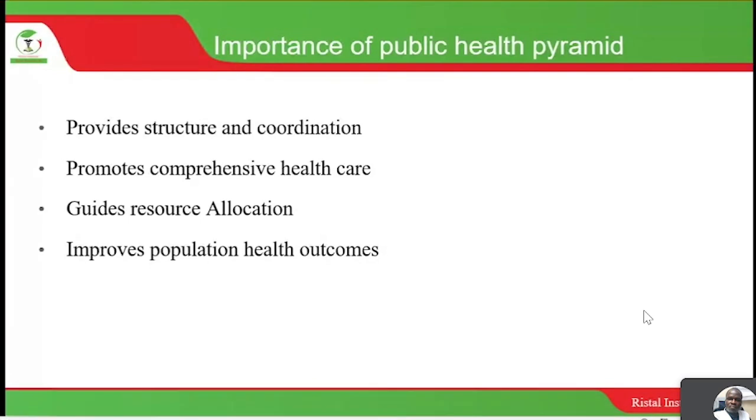Then guiding resource allocation. This will help policymakers to identify where to invest, for example, strengthening infrastructure, expanding community outreach, or improving healthcare services. So it will guide on resource allocation. Then improves population health outcomes.